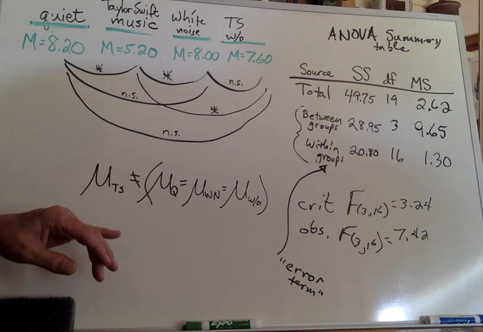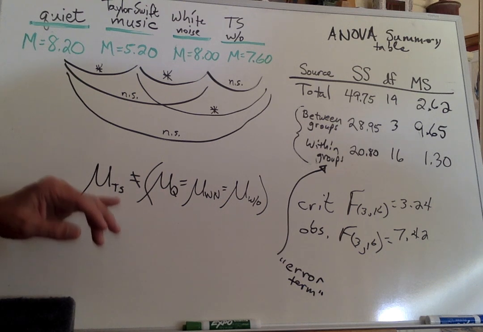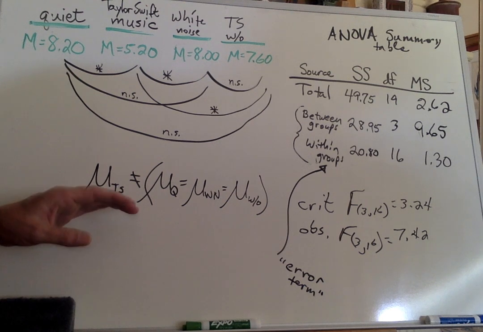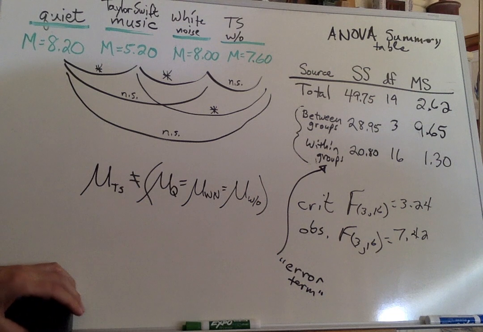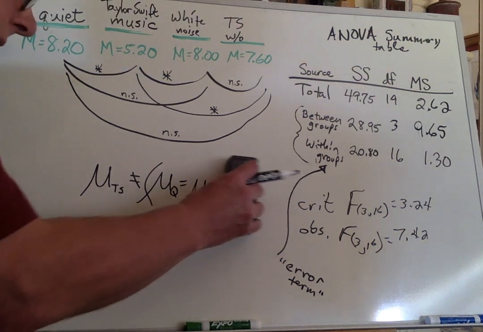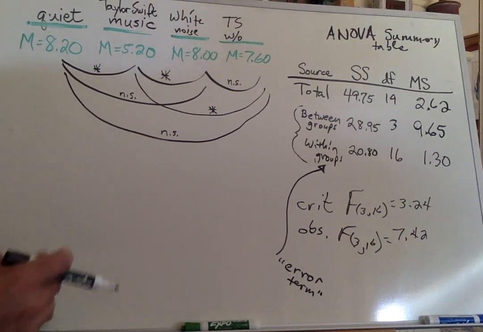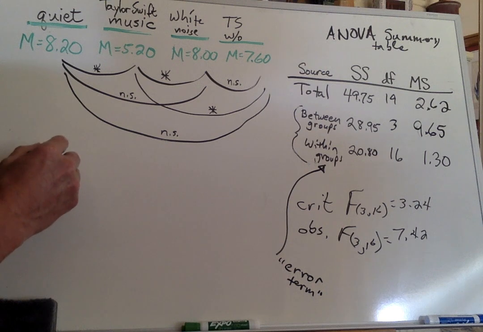And the way I would write this, by the way, in a journal article, let me go and do that, and it's going to be a little bit more complex.